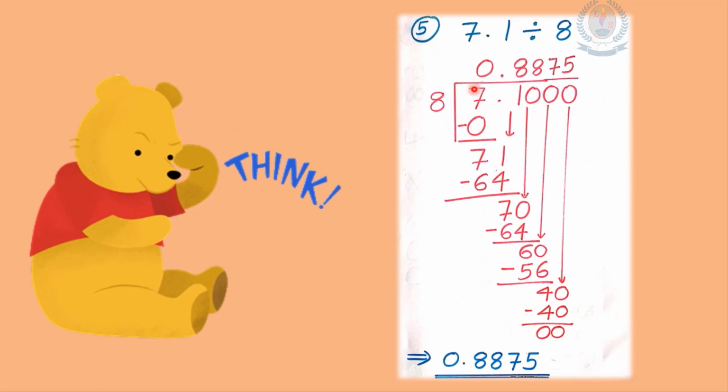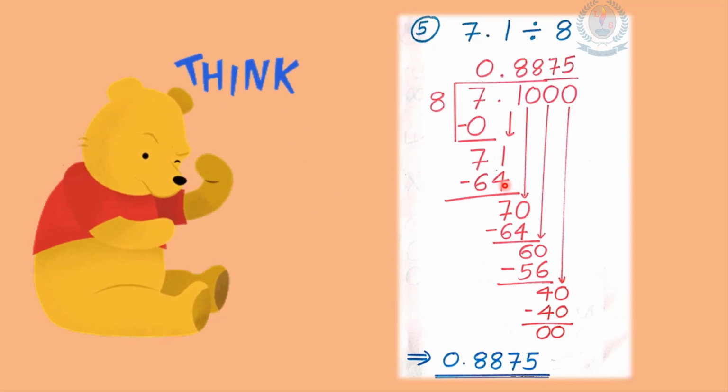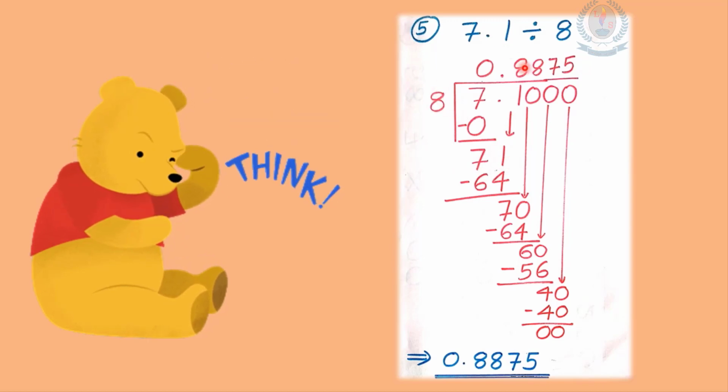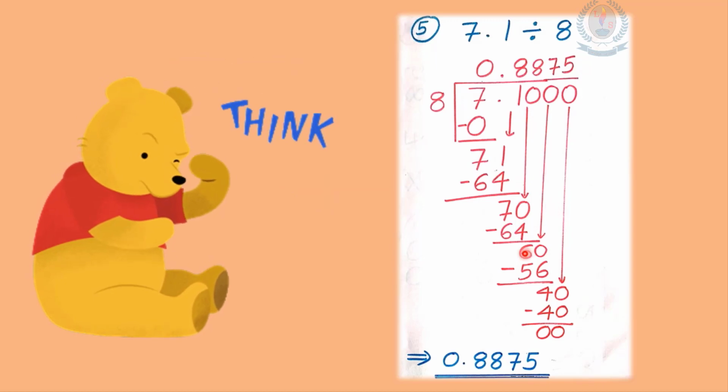So for 7, 8 times 0, then 7 minus 0 is 7, then we have to take that 1 down, then 71 is there. For 71, 8 times 8 is 64, then 71 minus 64 is 7, then we have to put another 0 and take it down, then 70.